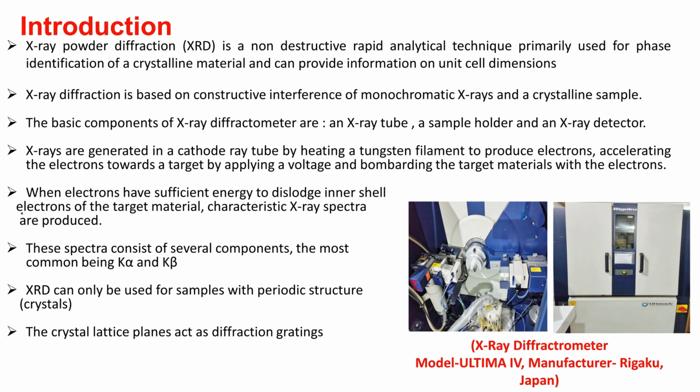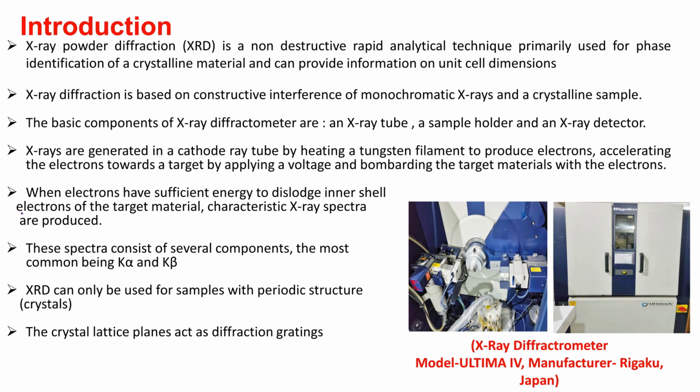The basic components of an X-ray diffractometer are an X-ray tube, a sample holder, and an X-ray detector. X-rays are generated in a cathode ray tube by heating a tungsten filament to produce electrons, accelerating the electrons towards a target by applying a voltage, and bombarding the target material with the electrons.